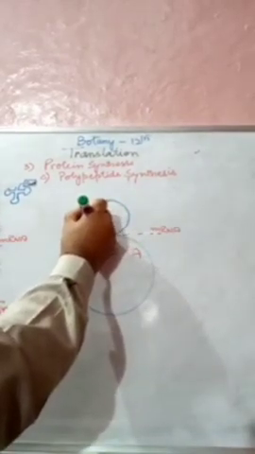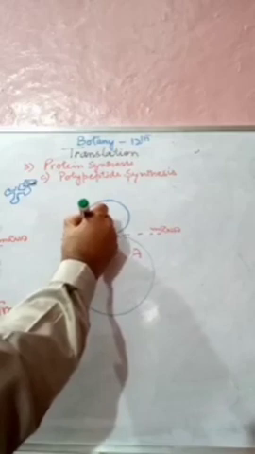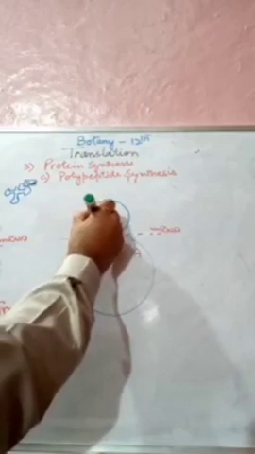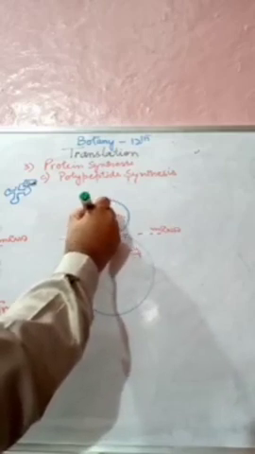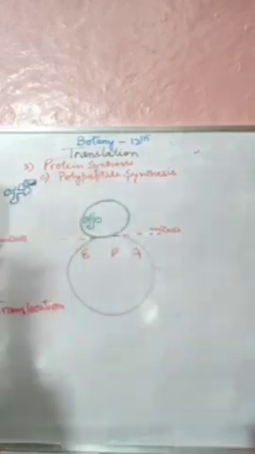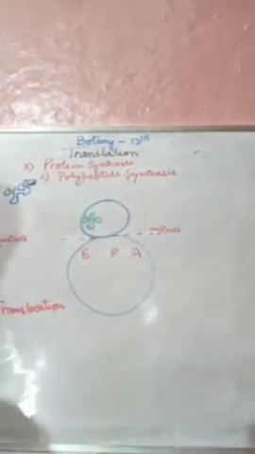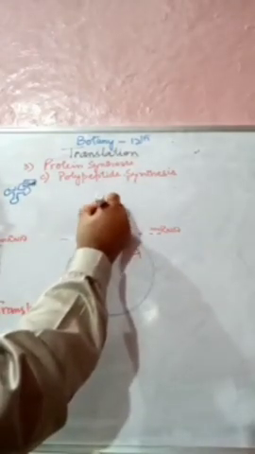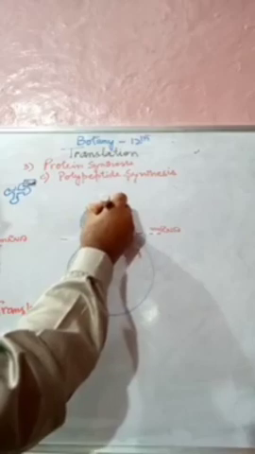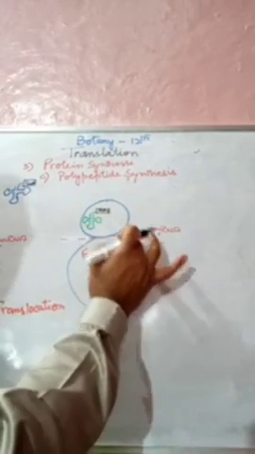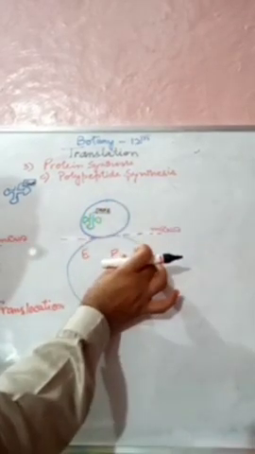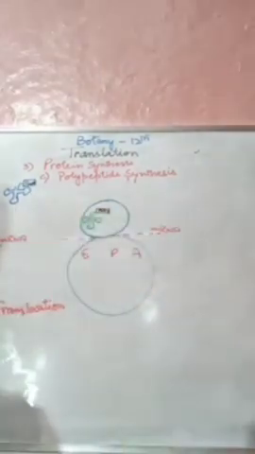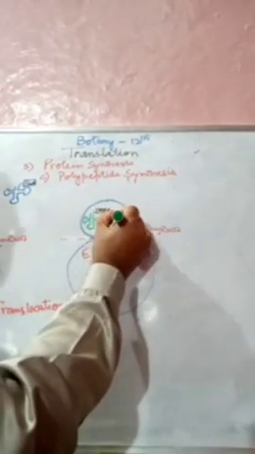Now here we will see this is the amino acid binding site. This is AA1. Now here comes another one, because the site is still open. One amino acid comes there, and one more.